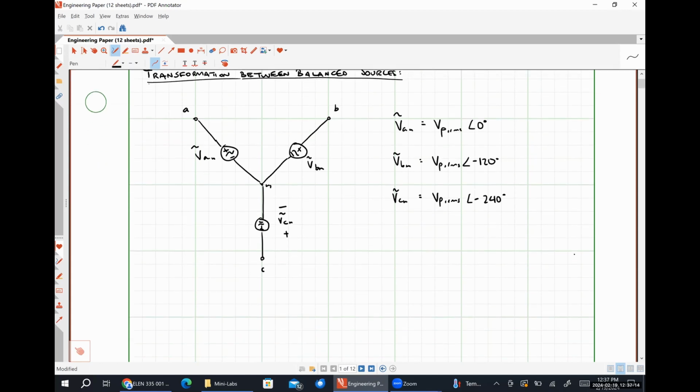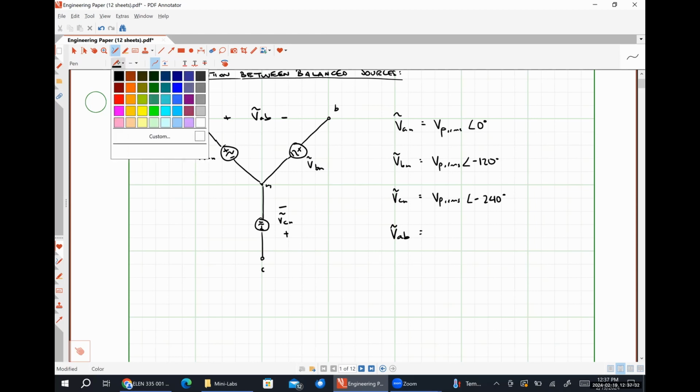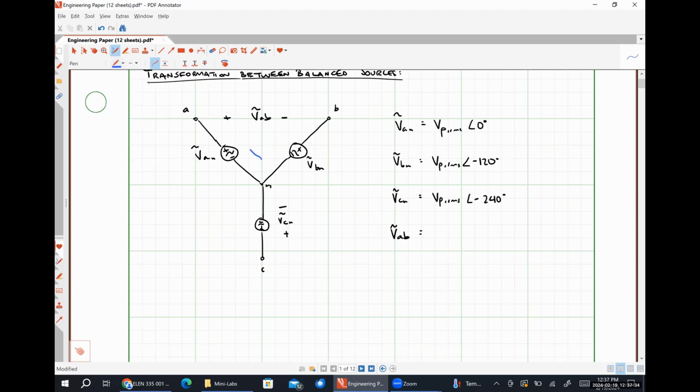Well, we have already established that the line voltage VAB, and I'll draw it up here, can be determined by writing a Kirchhoff's voltage law equation around that top triangular loop. This guy right here.